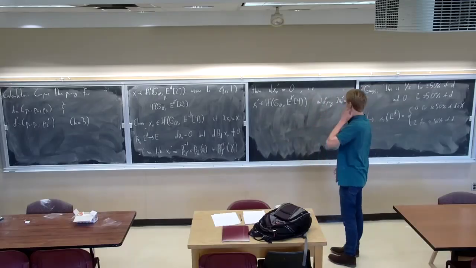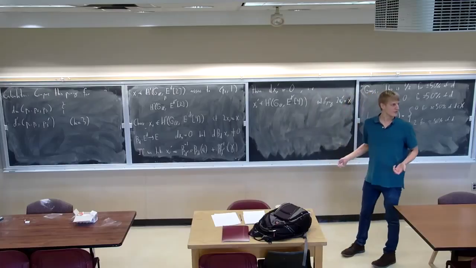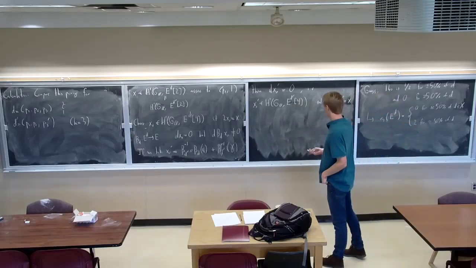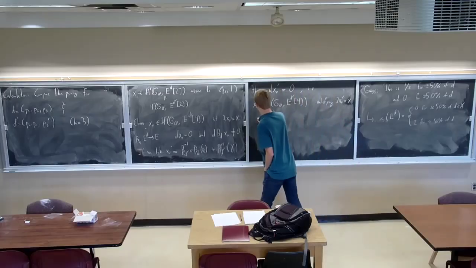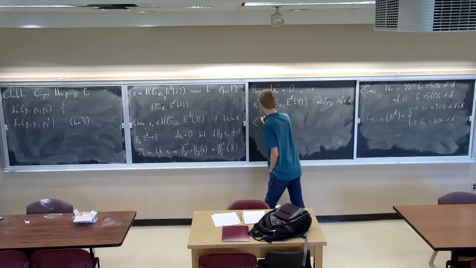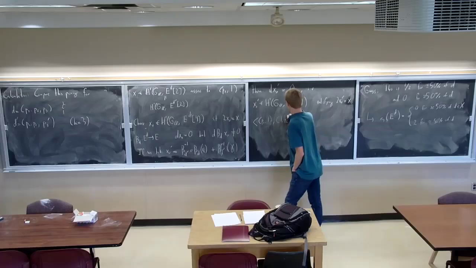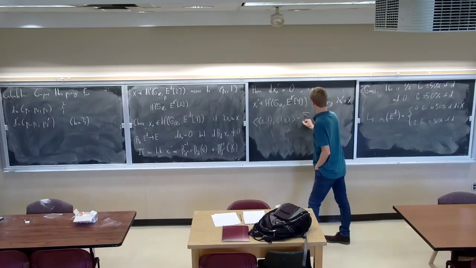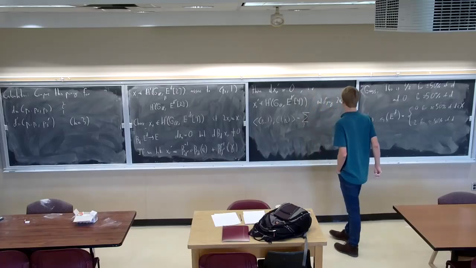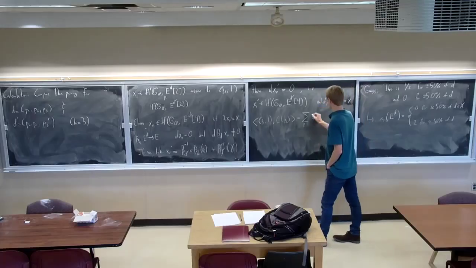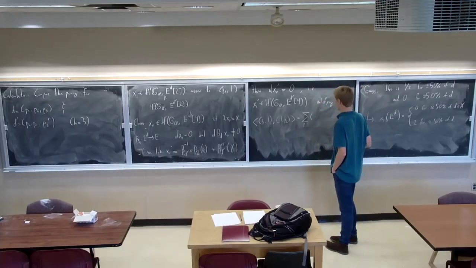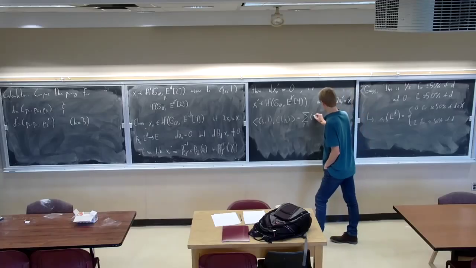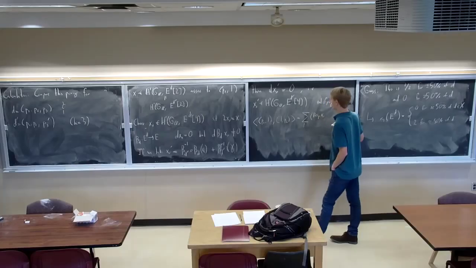Okay. And so the reason we wanted these lifts was to be able to define a Cassels-Tate pairing. And now we can. So first we have this pairing equal to the sum over all rational places of the local Tate pairing between the restriction to P of our x naught.